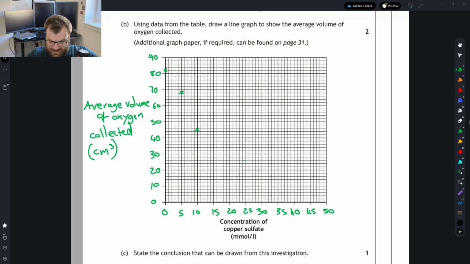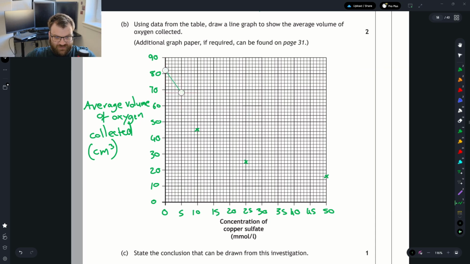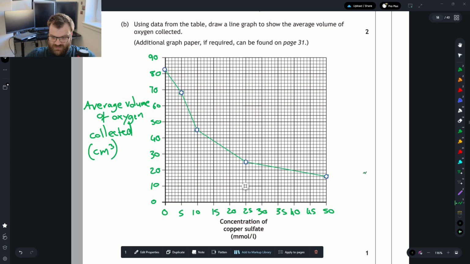So 25, as I said before, will be halfway in those two. And at 50, we're at 16. So 3 little boxes up from 10, 2 boxes down from 20. We then want our points plotted together. We just want to go from dot to dot, cross to cross, like so.